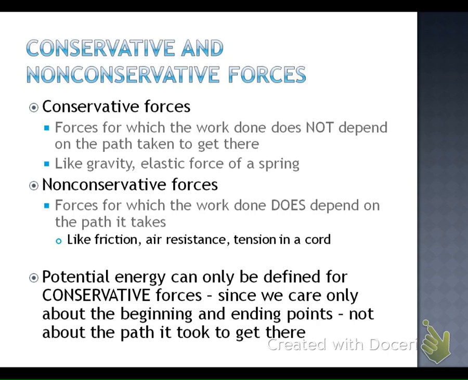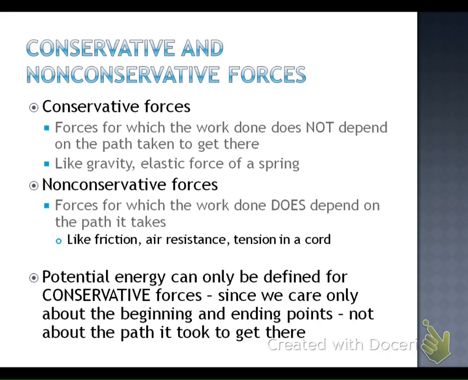We also calculated potential energy for springs, right? What was that equation? It had K in it. 1/2 kx squared. So when we calculate potential energy, we can only calculate potential energy for conservative forces. We only have two equations for potential energy: gravitational potential energy and spring potential energy.